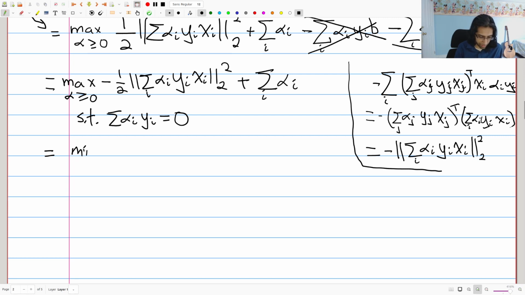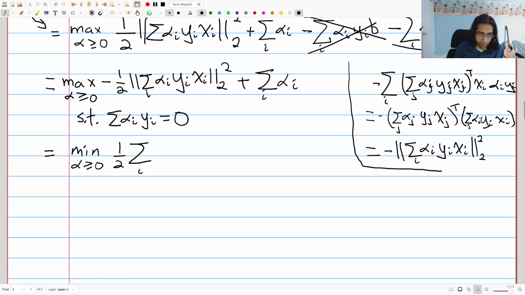So this can be changed to minimize over alpha greater than or equal to 0, and you just negate it. So it'll be 1/2. Let me write this out in a different way, which is going to be convenient for some interpretation.